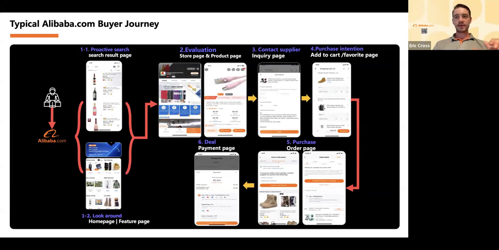So buyers are not typically only contacting one supplier to ask about their capabilities or pricing or something to that effect. Oftentimes, a buyer will find 5 to 10 suitable, what they consider suitable prospects, contact them, and then start the evaluation and comparing phase.